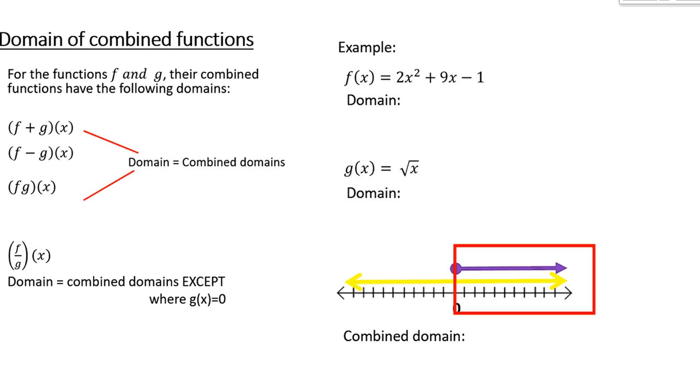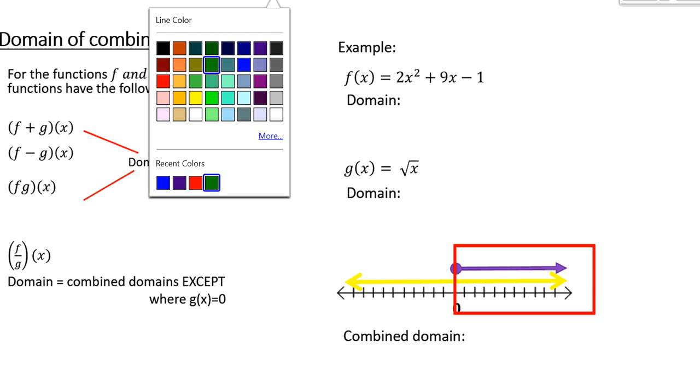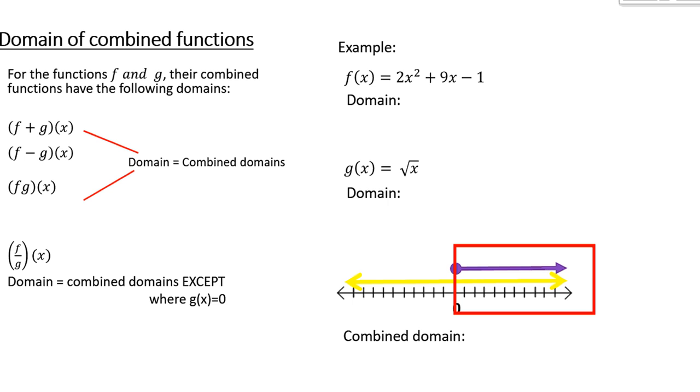Okay, so when we take combined functions and join a couple together, it possibly opens up a new domain. For example, here, f of x equals 2x squared plus 9x minus 1. That's a quadratic, a polynomial, whose domain is always all real numbers. So poly equals all real numbers.